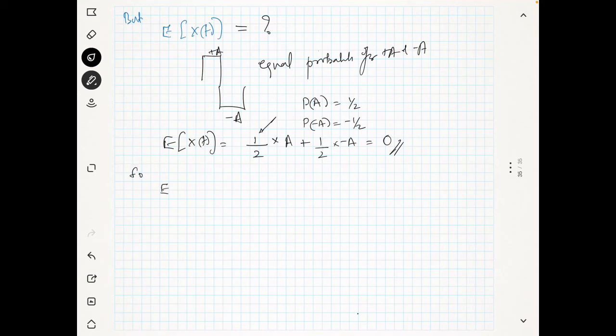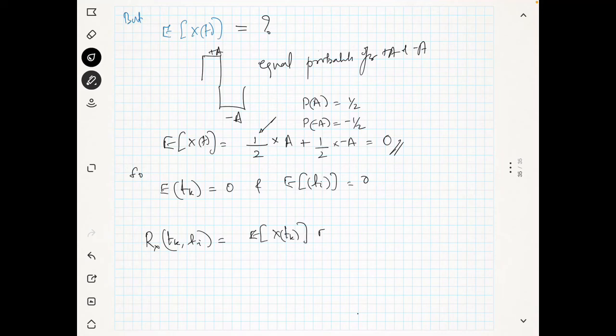So the expected value of x of Tk will also be equal to 0, and the expected value of x of Ti at any time you can observe will be equal to 0. So Rx of Tk and Ti will be equal to the expected value of x of Tk into the expected value of x of Ti. This is equal to 0 into 0, which is equal to 0 if the difference Tk minus Ti is greater than t.